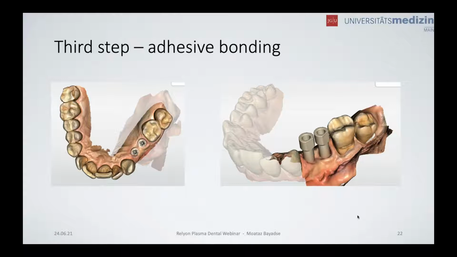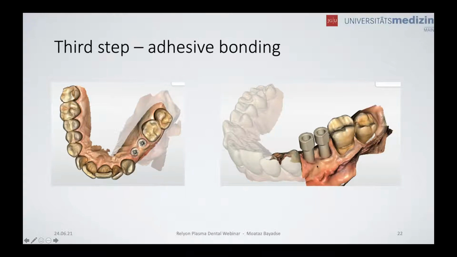And in a couple of weeks, we're going to show some results about the bonding strength, whether we achieve an improvement in the adhesive bonding. But here is an example of how it's going to be when you use plasma to treat your restoration before you bond it. Here is a patient with 2 zirconia implants.